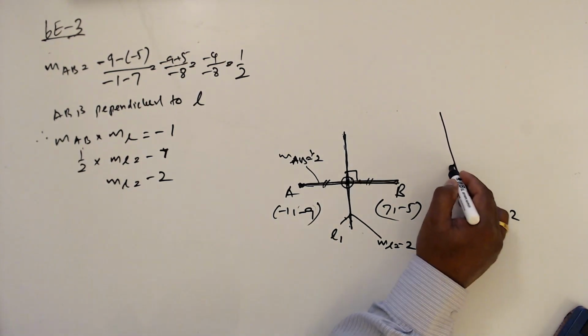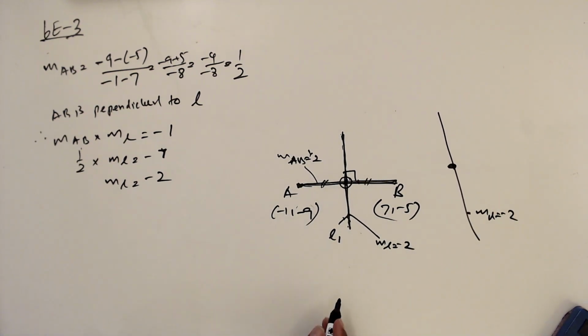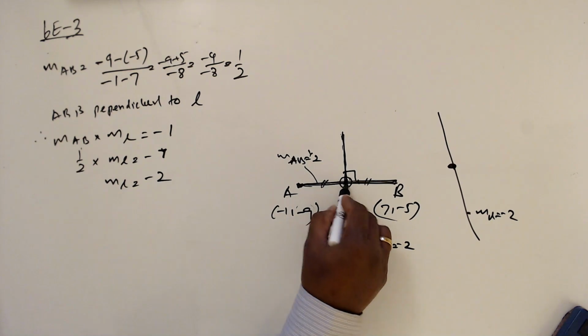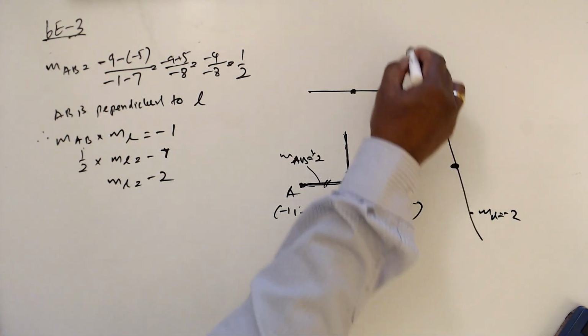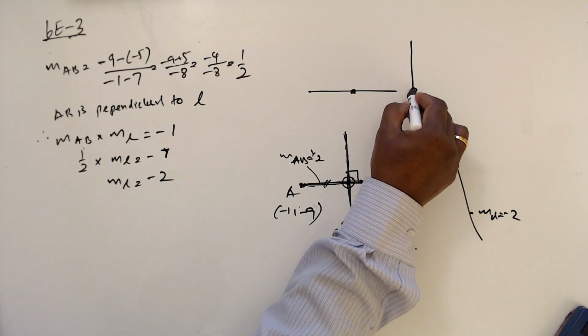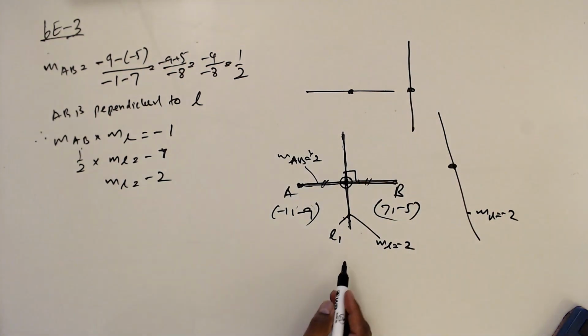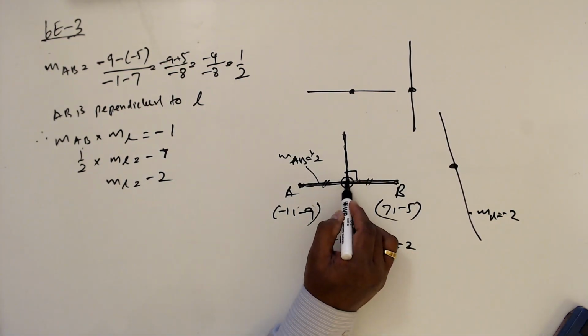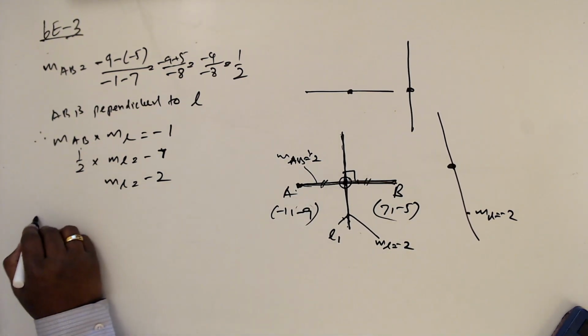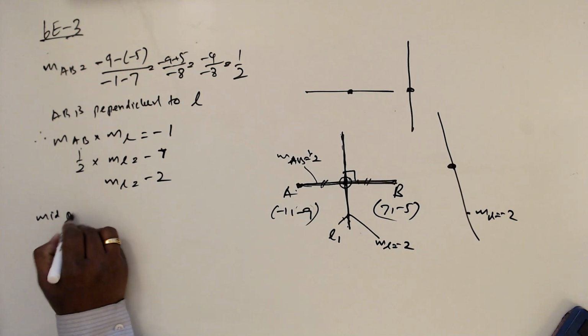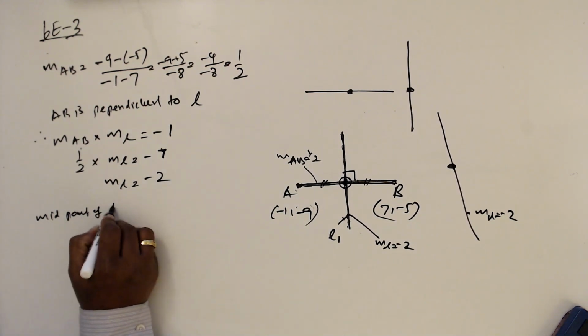Now you need a point on this line. If you pick the intersection point, it is on this line as well as on the other line. So what is this point? It is the midpoint of AB.